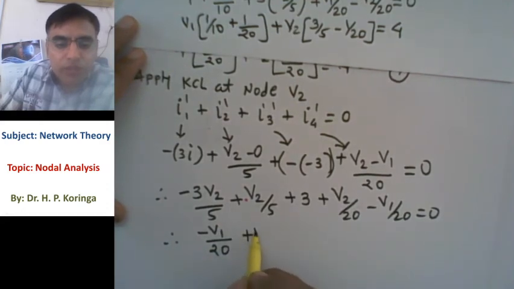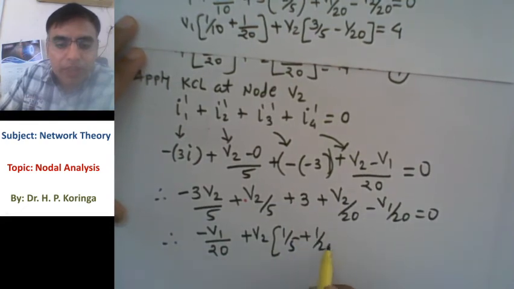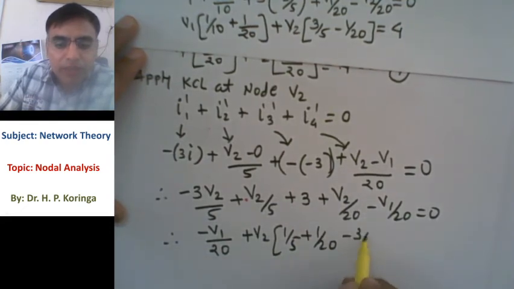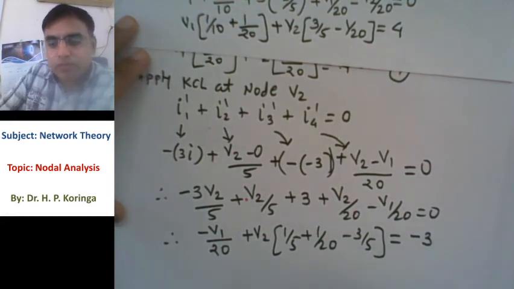The coefficient of V2 is 1 upon 5, 1 upon 20, and minus 3 by 5. These are the coefficients from these three terms, 1 upon 5 plus 1 upon 20 minus 3 by 5, and it is equal to, let's take this 3 positive, on the right hand side it is a negative.